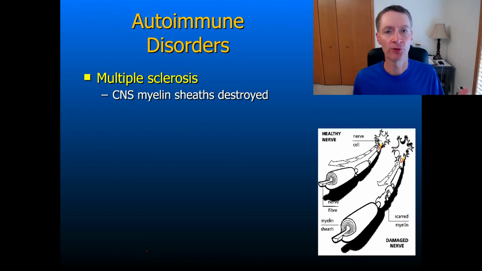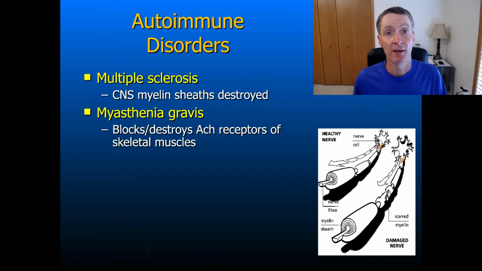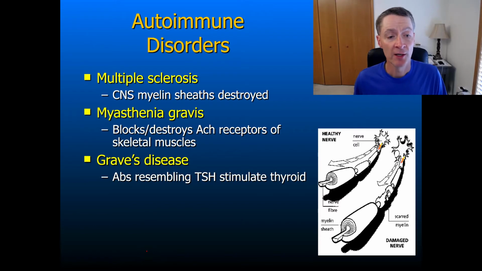So multiple sclerosis, we're attacking the myelin sheaths, the cells that make up the myelin sheaths around nerve fibers. Myasthenia gravis, antibodies are produced against your own acetylcholine receptors for skeletal muscles. Graves' disease, antibodies are going after certain proteins on the thyroid.